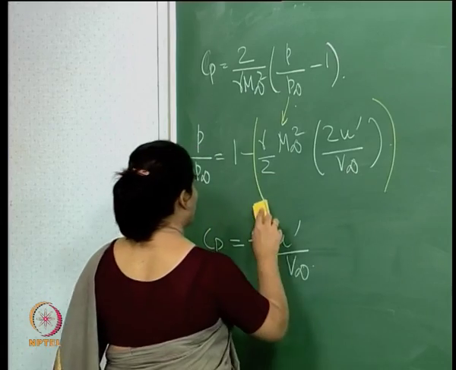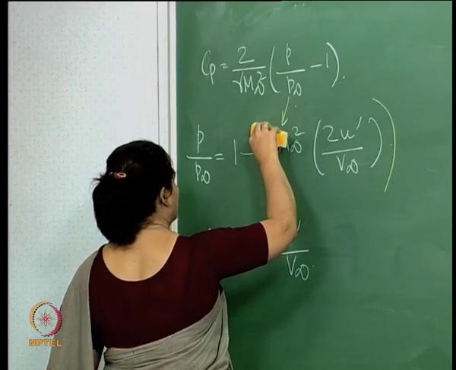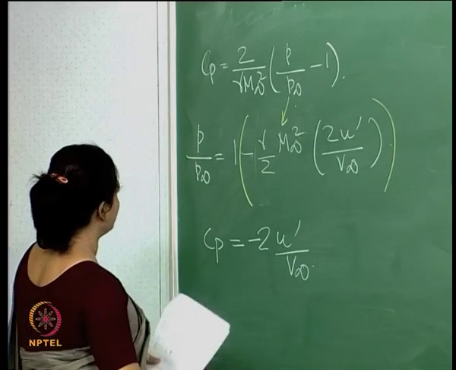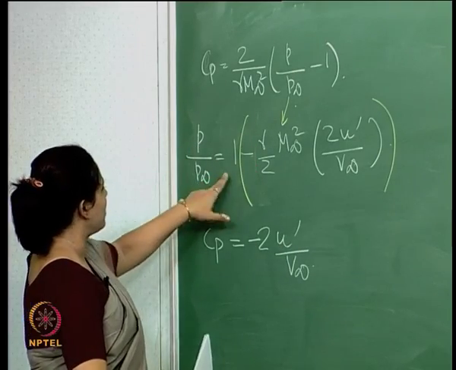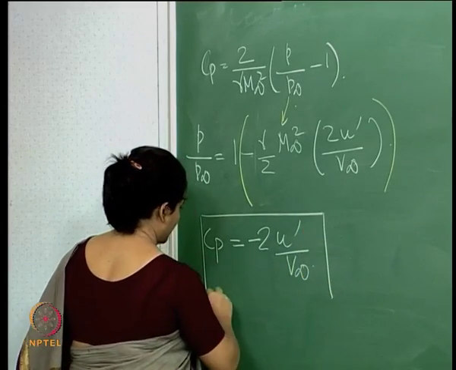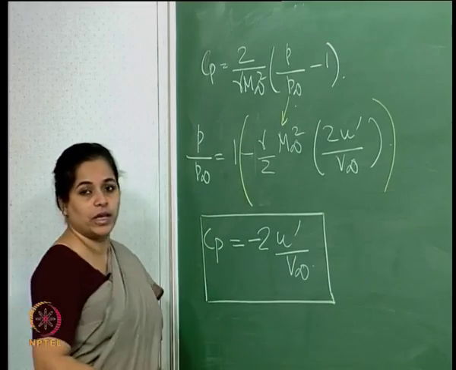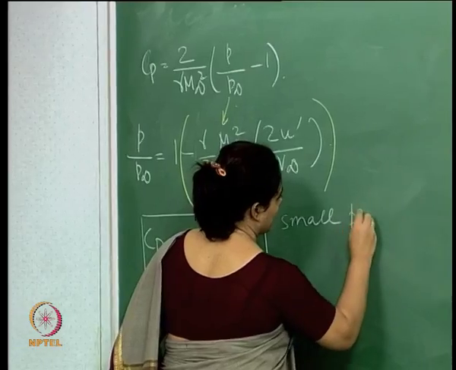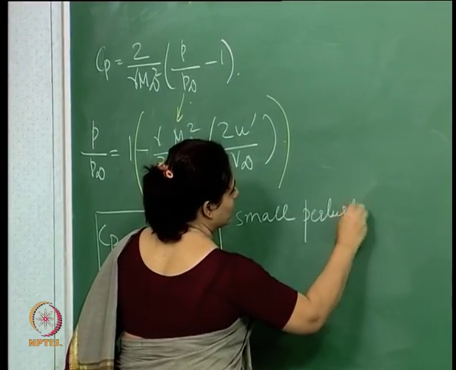So let's include that as well. So essentially this, right. So P by P infinity minus 1. Okay. So this is it. This is my Cp, assuming small perturbation theory.